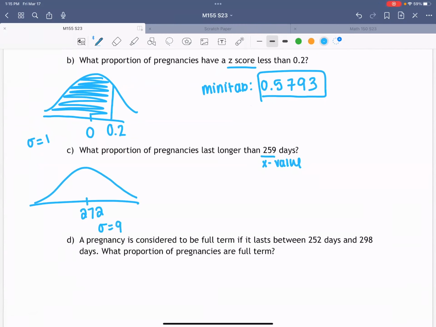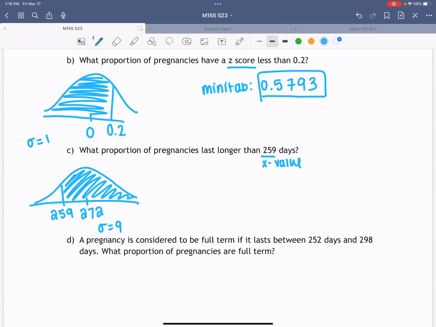Well, 259 is less than 272, so if I drew a picture, it'd probably be around here. And now we're asked about lasting longer, not lasting less. So I guess we have to shade in the area to the right.